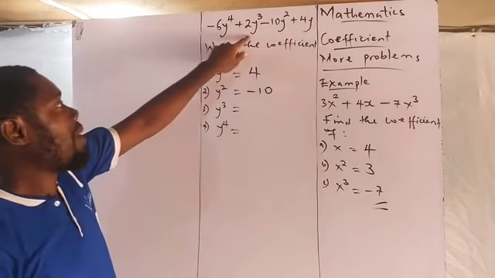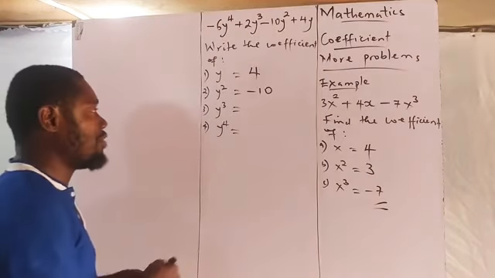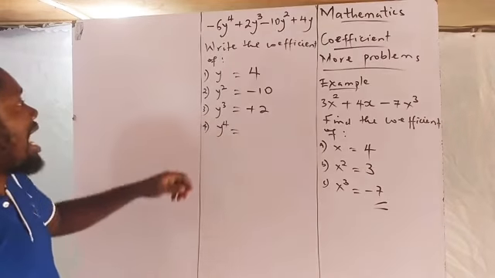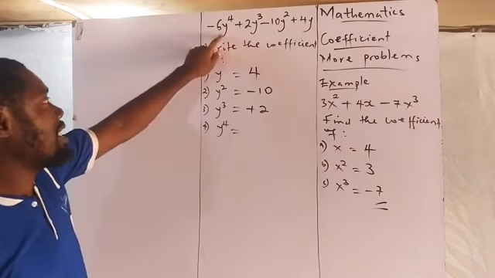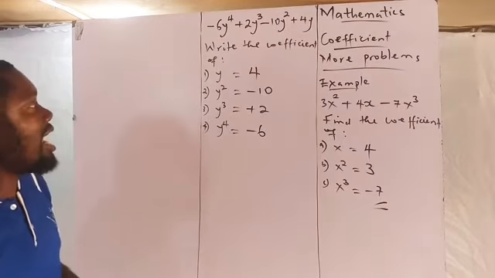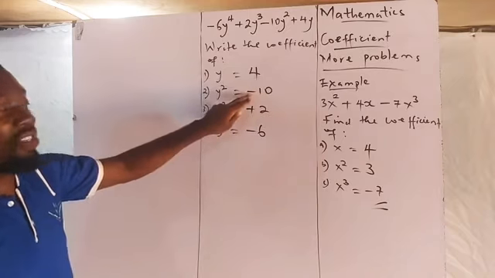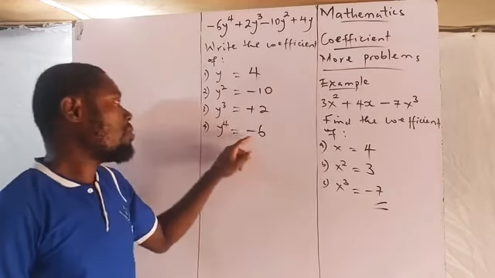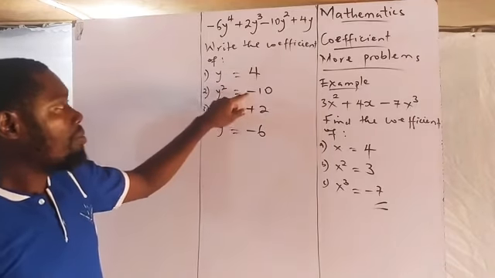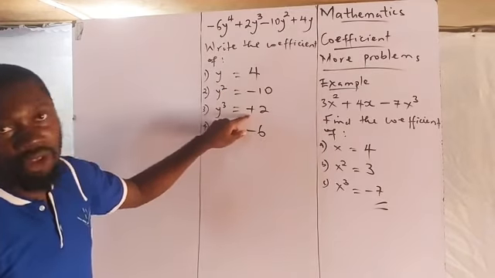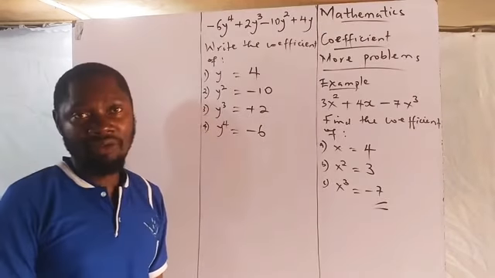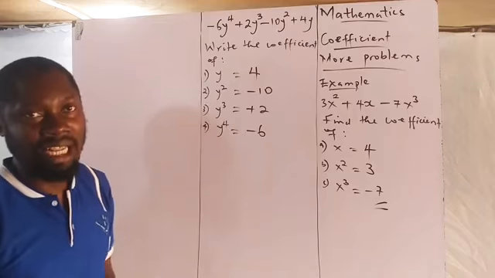The one that has power 3, the coefficient is plus 2. And the one that has power 4, the coefficient is minus 6. So our answers are 4, minus 10, plus 2, minus 6. It's as simple as that.